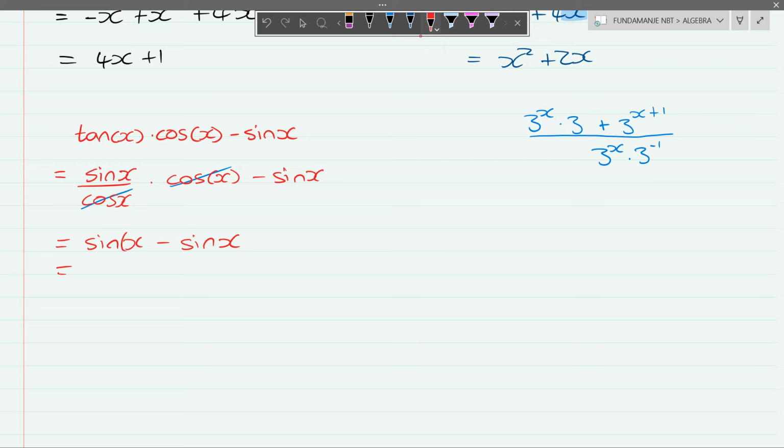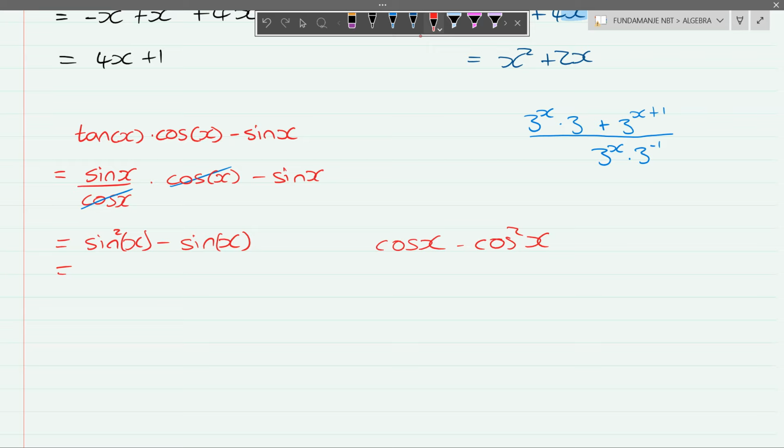As we can see, the arguments here are similar. x is similar to x. If, for example, this was x squared, then this would not be true. We would not be able to combine these two. Similarly, if it was sine squared x, again, we would not be able to combine these two because they need to be similar in every nature. The only thing that can be different is the coefficient. So if we have, for example, cos x minus cos squared x, we cannot simplify this.